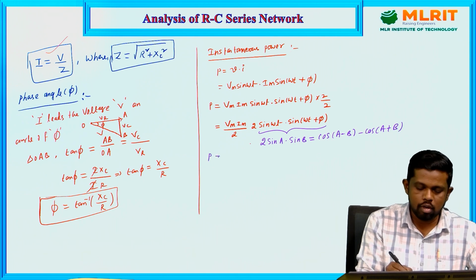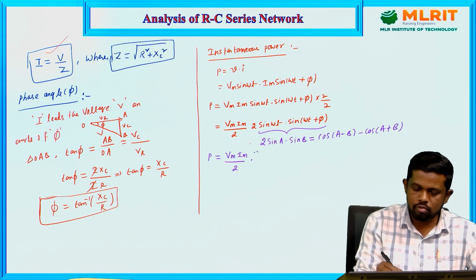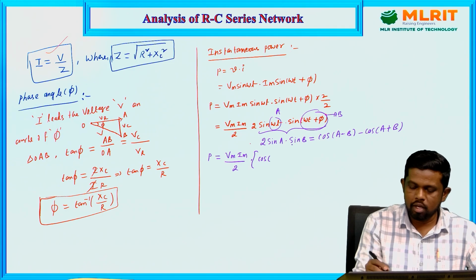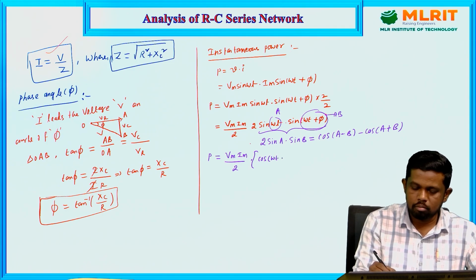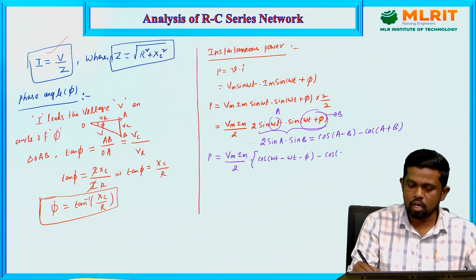Therefore the instantaneous power is Vm Im by 2. In the bracket we take cos of a minus b, where we assume this as a and this whole term as b, and substitute these values in the formula. So omega t minus omega t minus phi we get here, then minus cos of omega t plus omega t plus phi.